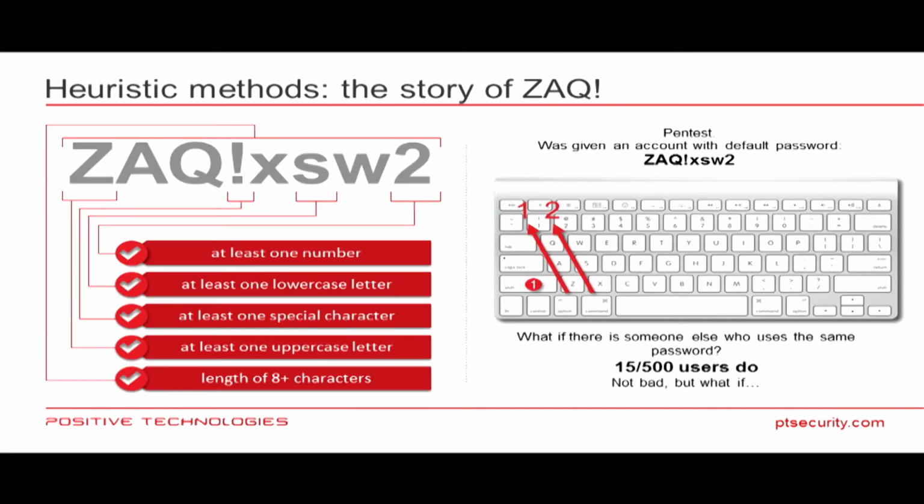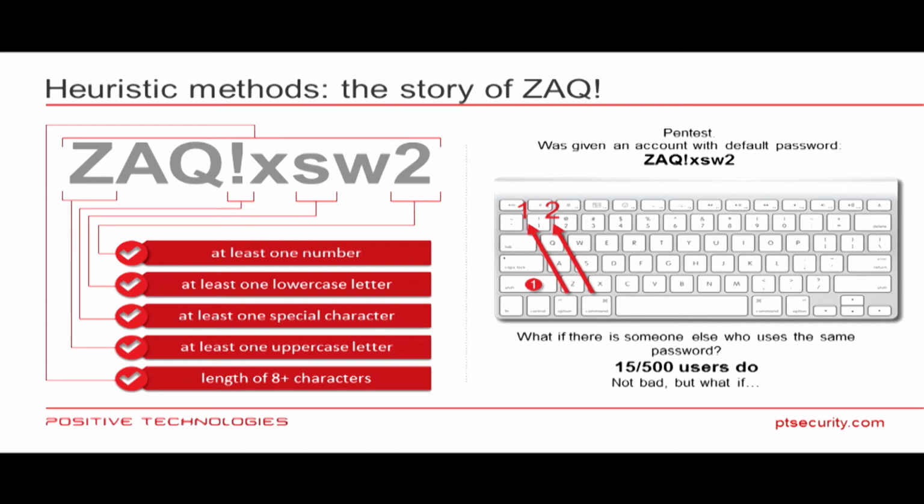Let us take a look at another example. It's a real story of how these heuristic methods work. This company uses a standard password which matches the password policy: 8 symbols, 1 capital letter, 1 small letter, digits. Only 50,000 out of millions of passwords suited that policy.